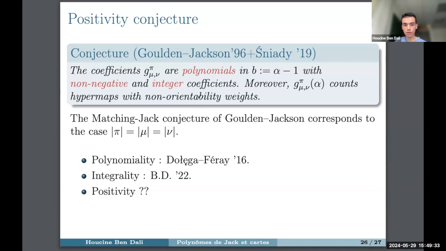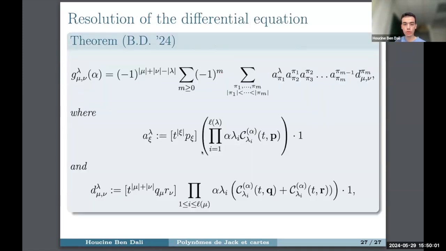And what we know about this conjecture is that we have the polynomiality part, that these coefficients are polynomial, basically by the work of Dołęga and Féray. And then in a previous work, I proved the integrality, and the positivity is still open. So my first motivation to study these differential equations was to prove the positivity in this conjecture, which was not very successful because I managed to resolve the differential equation to obtain a formula for the structural coefficient g for general alpha.